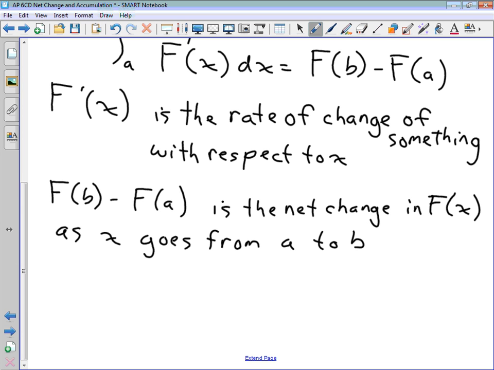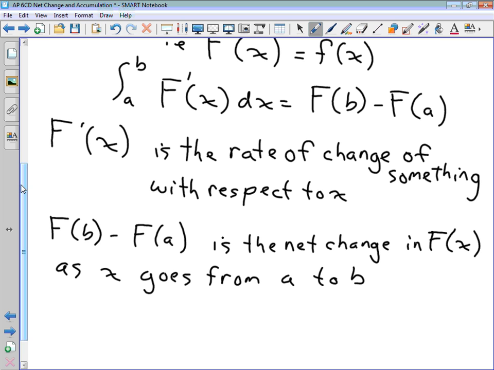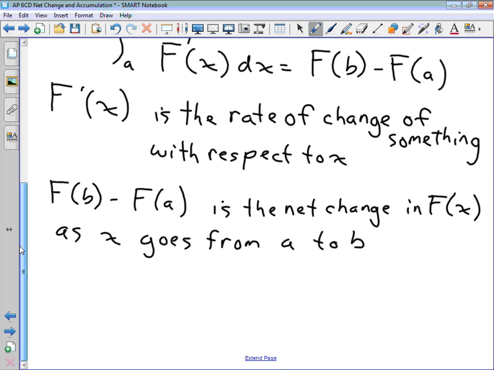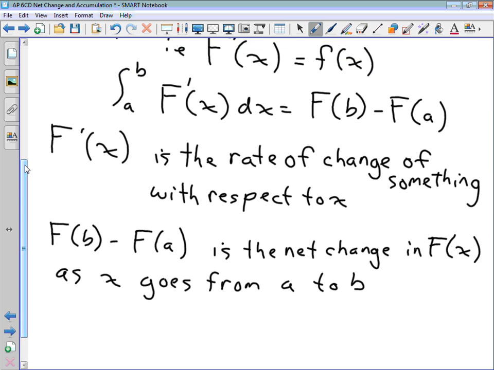So what the fundamental theorem is telling us here is that if we want to find the net change from point a to point b, we can take the integral of our rate of change over this interval. And the other thing that is kind of interesting here is that if we're taking the integral of our rate of change here, our answer is not going to depend on the path that is taken along the way.